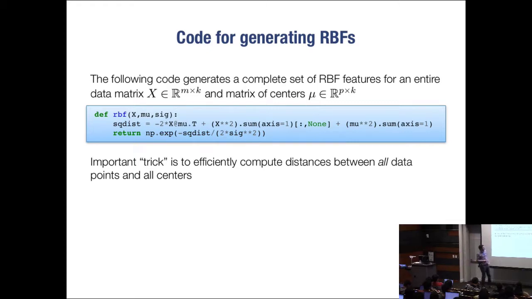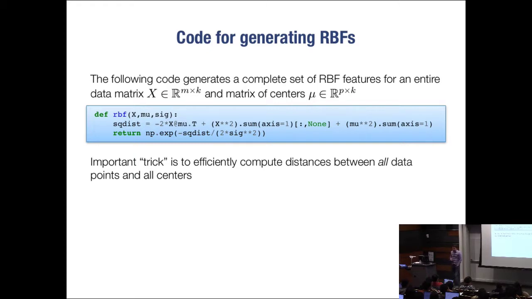Now, the one thing you should note is that we're doing this efficiently in that we're computing with a single call square distances between all the inputs and all the centers. And that actually is a very important thing to do.